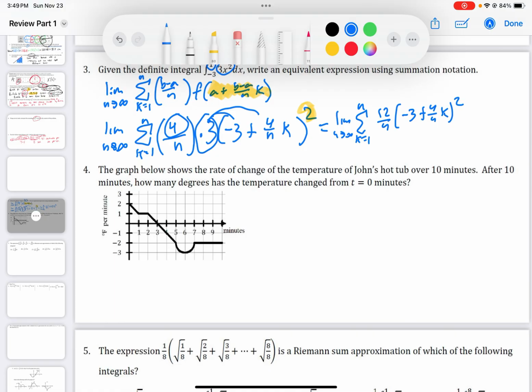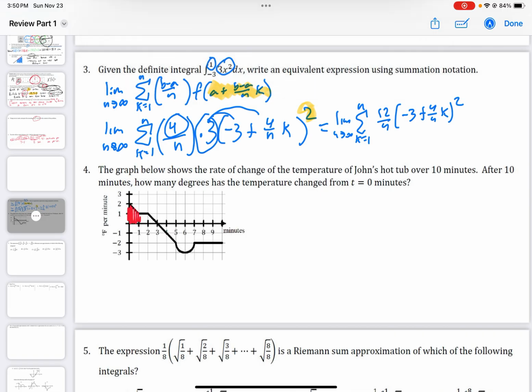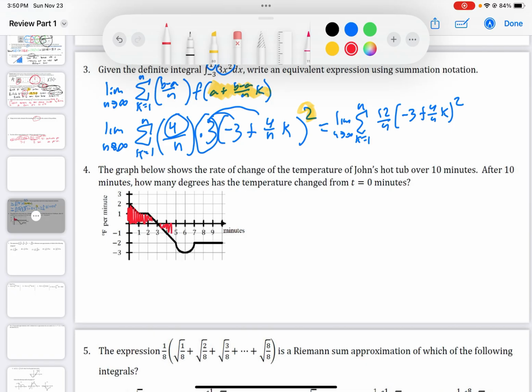It says after 10 minutes, how many degrees has the temperature changed from 0 minutes? It looks like some of it's positive, some of it's negative. So we're going to find the area bounded by the curve, and that'll show us the net change. It looks like it gets hotter and then it gets colder. Maybe the hot tub gets turned off or something.